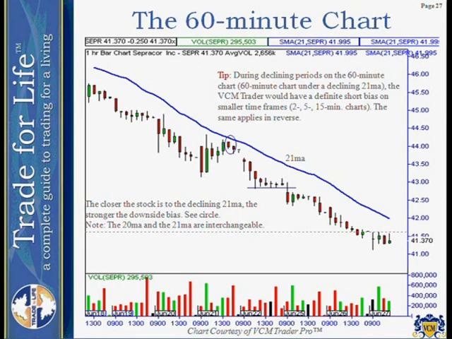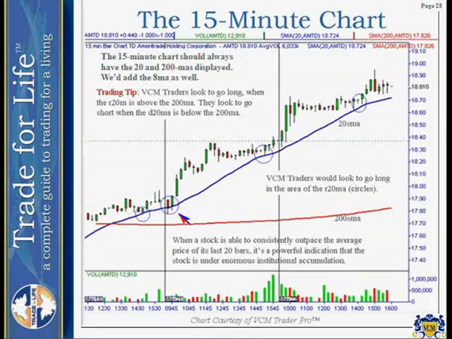But when the 15 and the 60 are at key moving averages, your 5, your 2, your 1 will get extra kick moves. The moves will be bigger if and when the 15 and the 60 are at key locations. And again, all of this is going to become a lot clearer as we move forward.